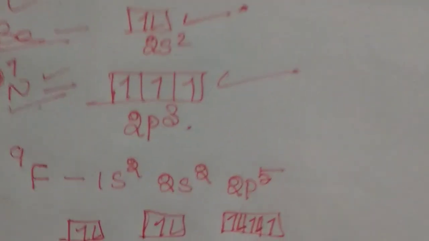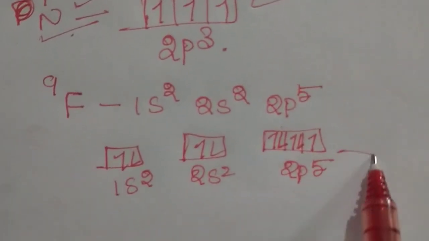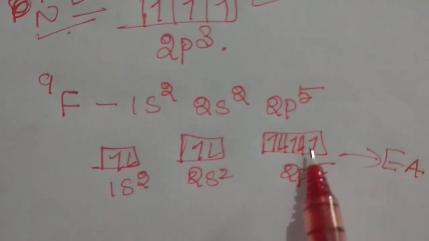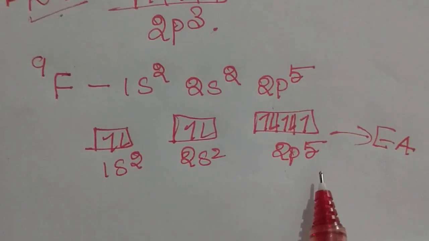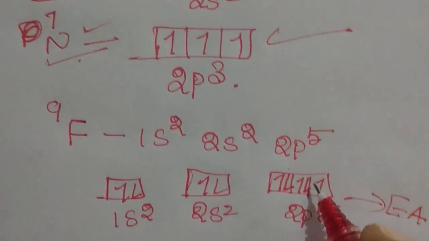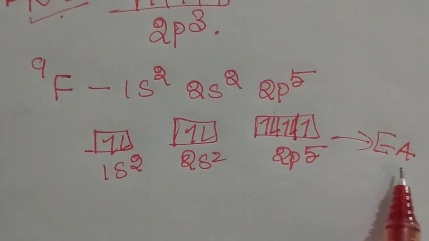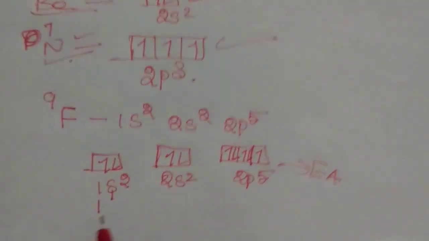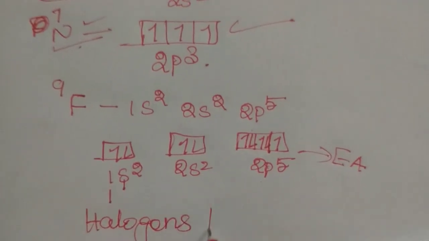So this type of element has more electron affinity, because by getting one electron they will be stable. That's why they require one electron. So generally the electron affinity of halogens is greater.